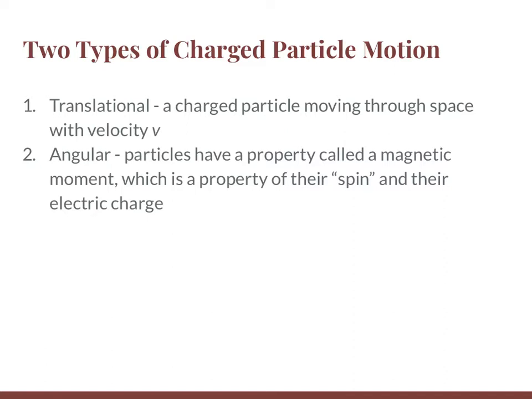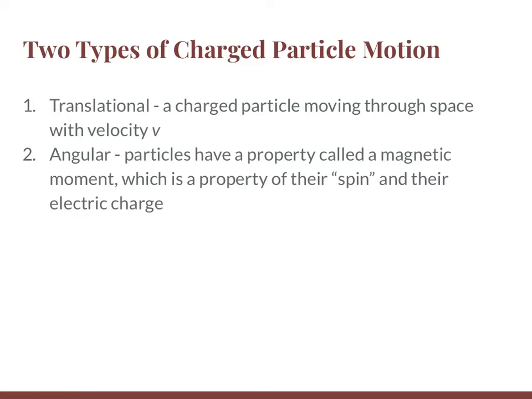There is translational, where the whole particle moves through space, given by a velocity v. And then there's also angular motion. So particles have a property called spin, and a charged particle with spin will have a magnetic moment, is what it's called.